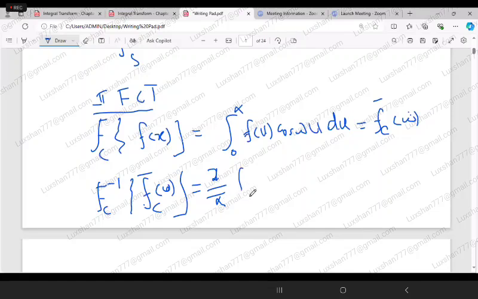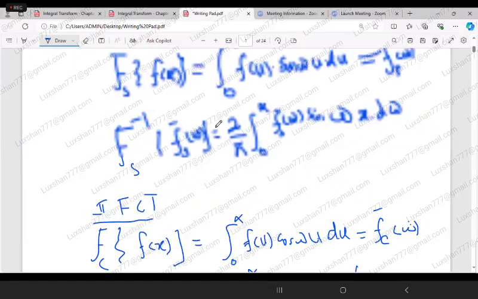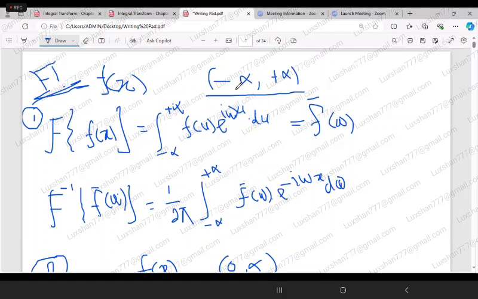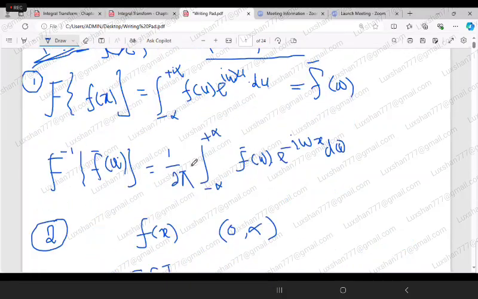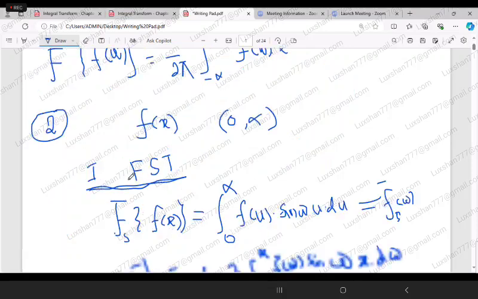Here also it is 2 over pi, integral 0 to infinity of f bar c omega cos omega x d omega. Okay, so these are the formulas: this is called the Fourier complex transform, and its corresponding inverse Fourier transform.